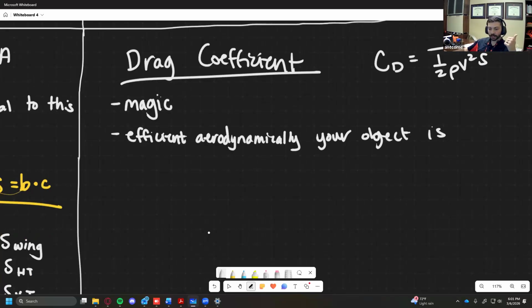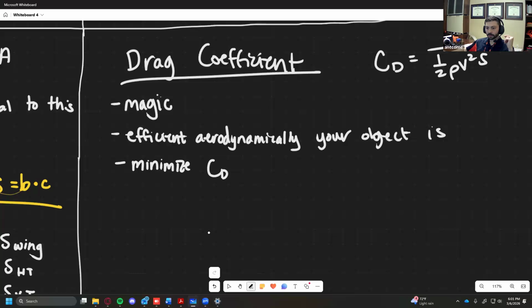And it depends on the shape, it depends on the surface roughness, it depends on the orientation of the flow conditions itself. But the big thing here is you want to minimize CD through smart design, using some of the things that I mentioned before.